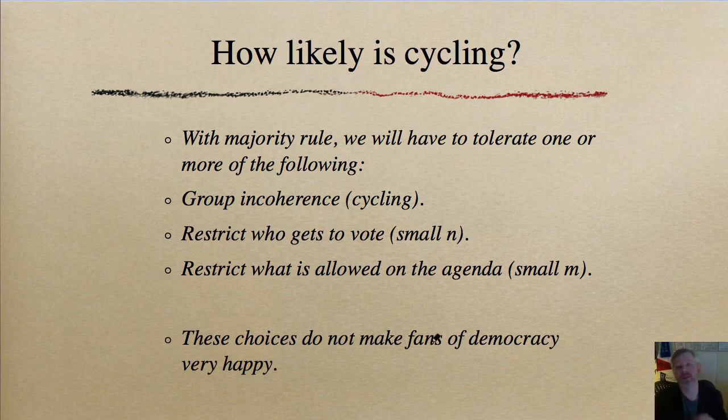So those choices don't make fans of democracy very happy, but you have to pick one of these things, right? You're either going to say, I want everyone to be able to vote over whatever they want, and I'm okay with the possibility of a vote cycle. Or if you definitely don't want a vote cycle, you want to make sure there's no intransitivity in the group preference ordering, then you have to restrict the number of voters, or more importantly, restrict the number of things that are allowed to be voted over. All right? Okay.